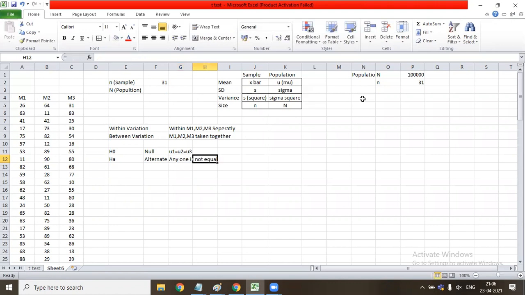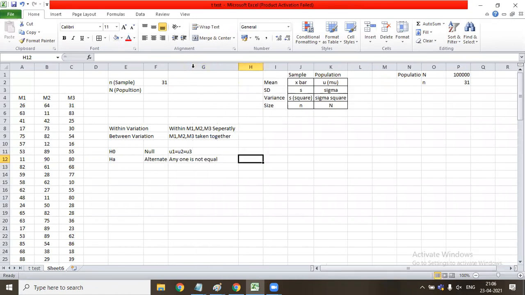With me? Yeah, sir. If the variation between is not large, then that means the samples are taken from the same population. So what will we do with this information, whether the samples are from the same population or different populations?